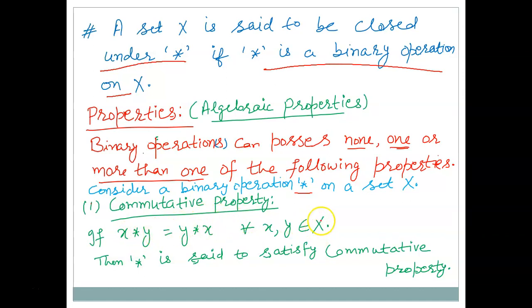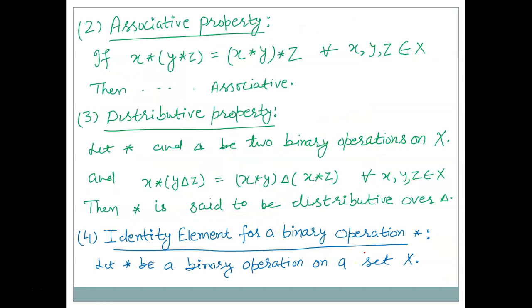On a set X, if x star y equals y star x for all x, y belonging to X, then star is said to satisfy the commutative property. Then the associative property. Similarly, for three elements x, y, z belonging to X, if x star (y star z) equals (x star y) star z, then you say that the associative property is satisfied.